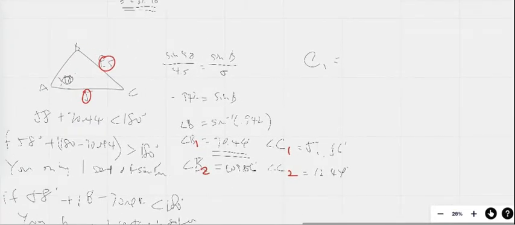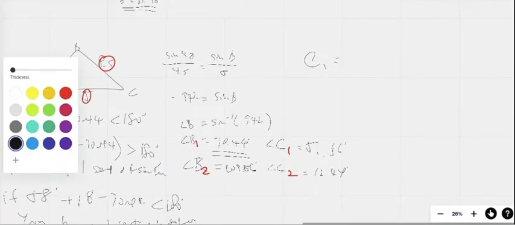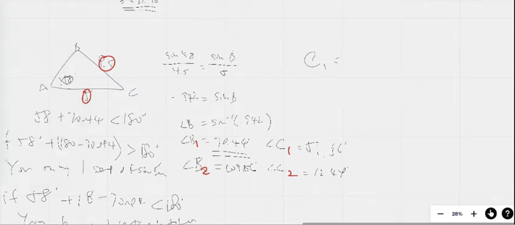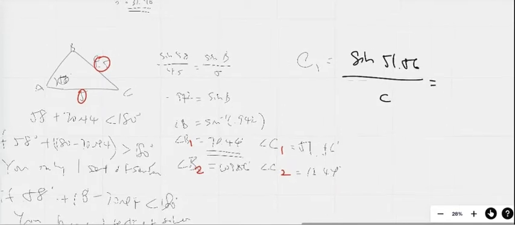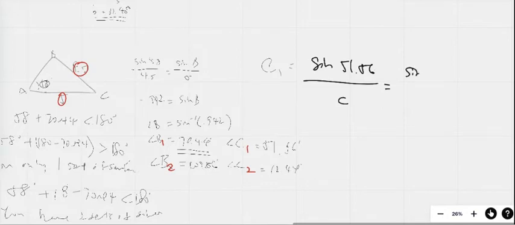C1 is sine of 51.56 over x, let's mark this as C actually, is equal to sine of 58 over 4.5. Once again, the same rule: always use the given numbers instead of the answer you calculated, because you don't know if yours is correct or not.